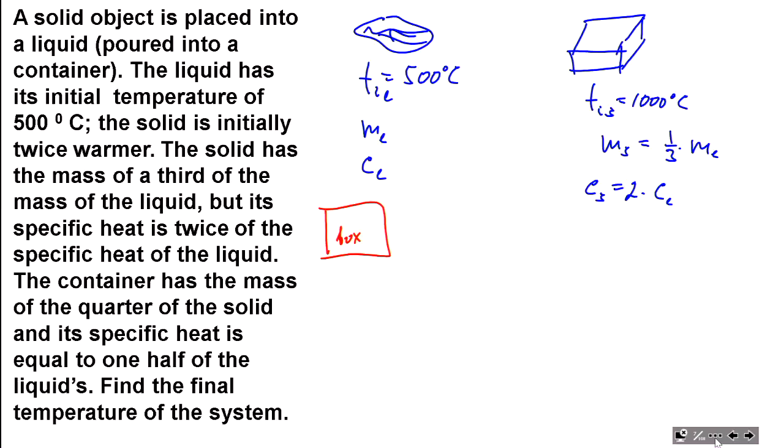The box has mass equal to 1/4 of the mass of the solid object. And the specific heat of the box is equal to 1/2 of the specific heat of the liquid. So they're all involved in the heat exchange, and they all eventually reach the same temperature.